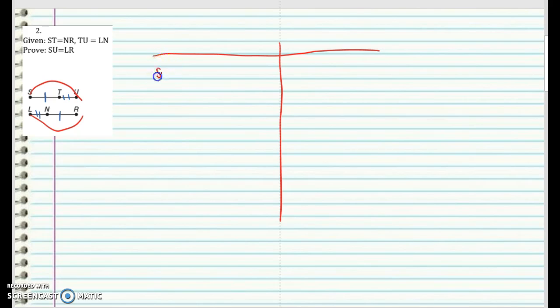So I'll start with my givens. ST equals NR and TU equals LN. And that's all I know. So to say something else, I will use my segment addition postulate this time.